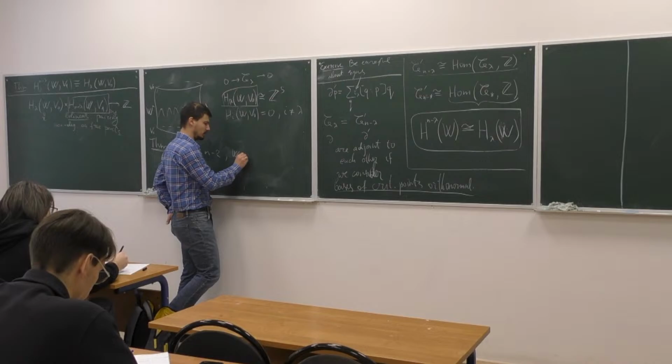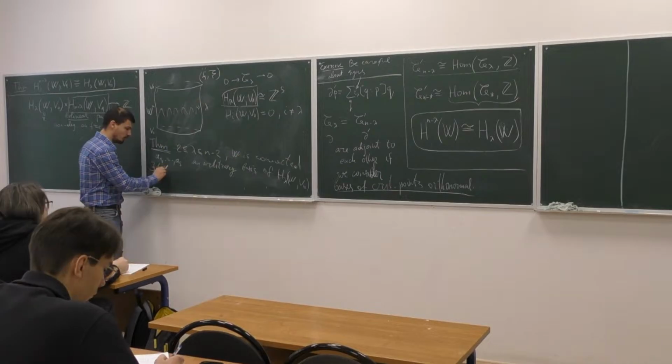The claim is that we can modify things: we start from a Morse function and a gradient-like vector field, and we can modify them so that we obtain a new Morse function f' and a new gradient-like vector field c' with the same property.